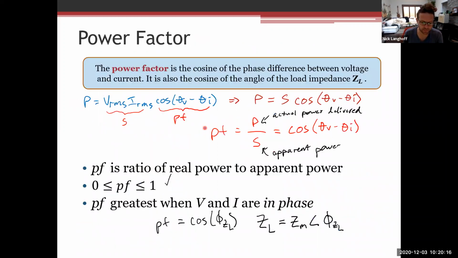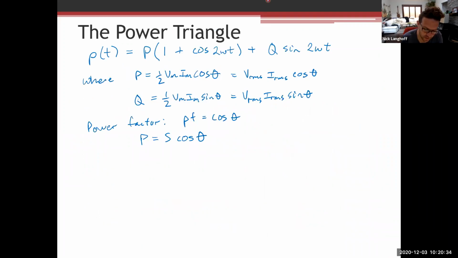We showed that back on this power factor slide: the average or real power is VRMS times IRMS times the cosine of theta. Always remember that VRMS times IRMS is S. So P is equal to S times cosine of theta, and Q is equal to S times the sine of theta.